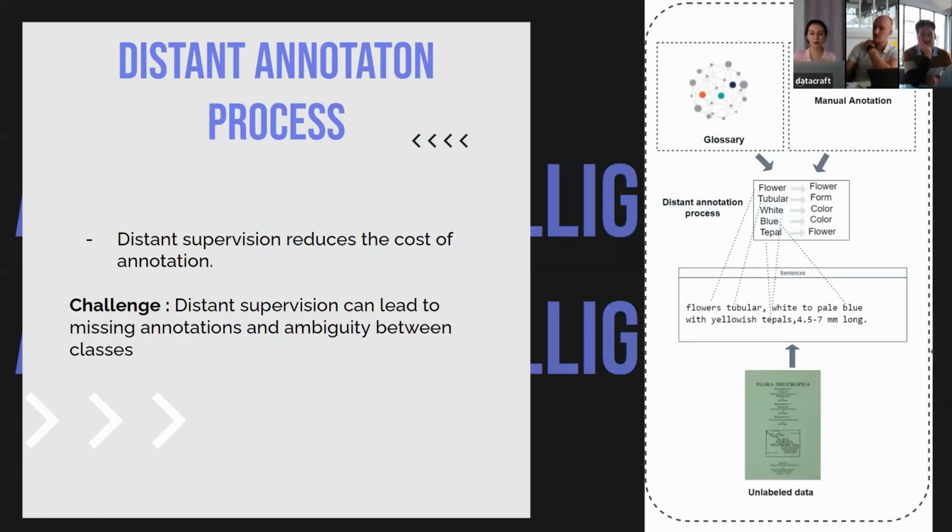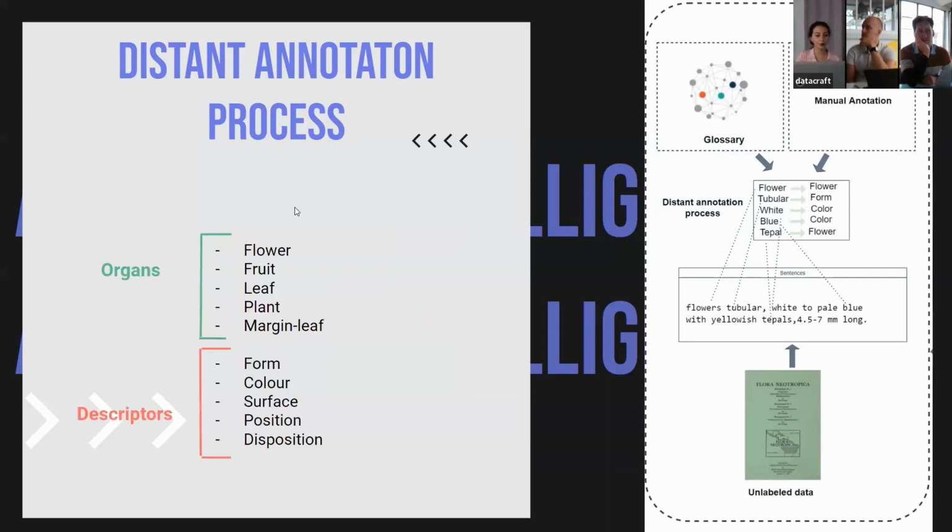Actually, for now, this part is only creating the data set, and then we will train a model on named entity recognition. And then the last part is recreating the graph, but the creation of the graph mainly depends on the rules that we have created here. Since the classes we will extract will be, for example, types of organs and types of descriptors, only by using regular expressions, we can afterwards recreate the relationships between the organs and their descriptors.